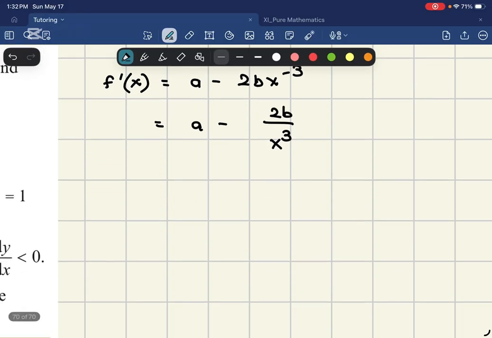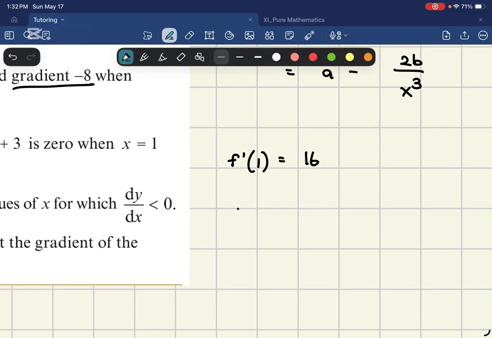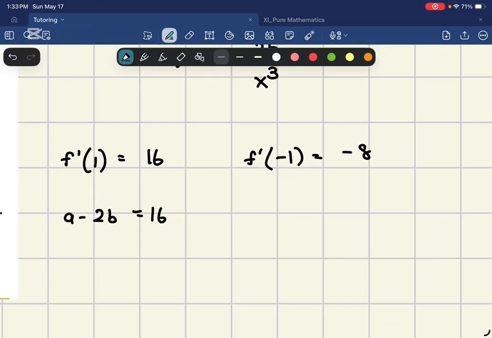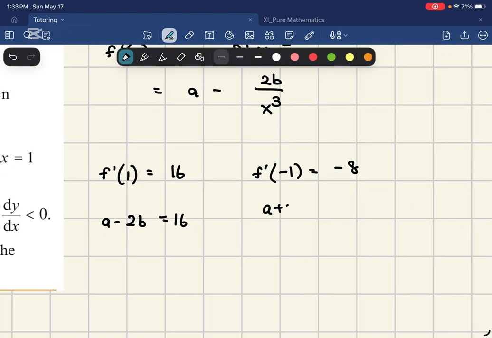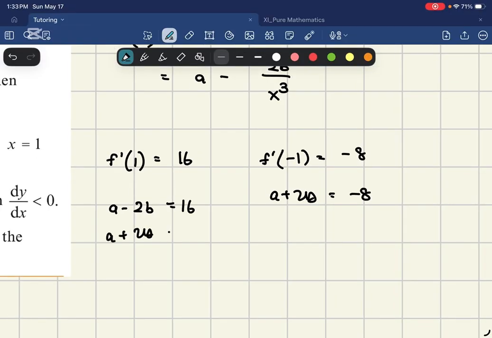That is going to be a, this expression, right? Now I know that f dash of 1 is 16. So if I substitute 1 here, a minus 2b is 16. And f dash of minus 1 is minus 8. So if I substitute minus 1 here, I'm going to get a plus 2b is minus 8.